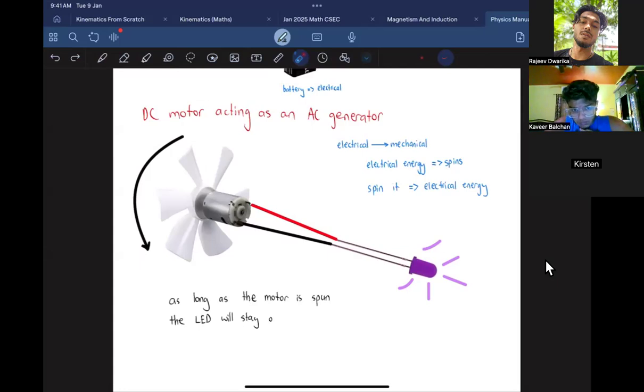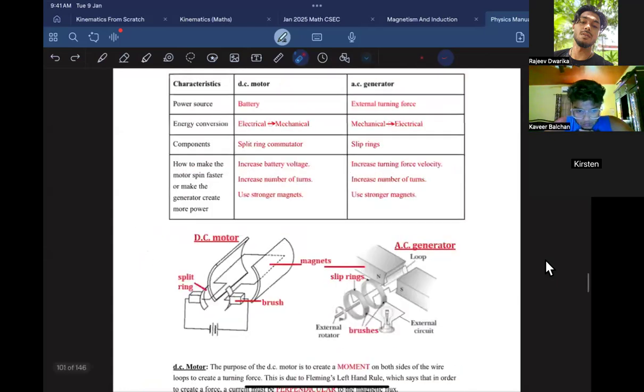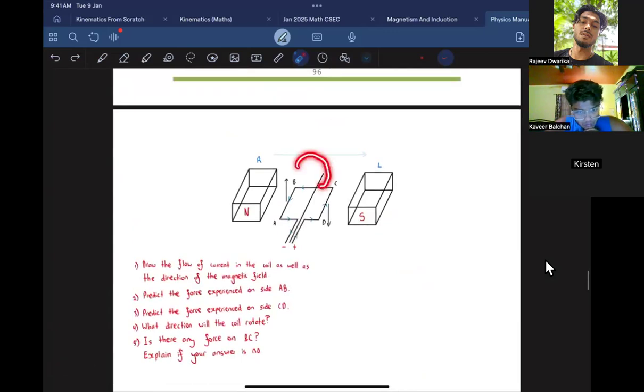Right. When we spin the motor, it generates what kind of energy? We are applying mechanical energy to get electrical energy.